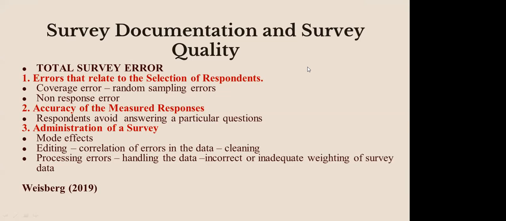But when you test your survey quality, the error should not exceed 15%. It is expected that 10 to 15% error will happen. That is why statisticians say you should go for more samples, so that you can erase the error which happens in the survey.